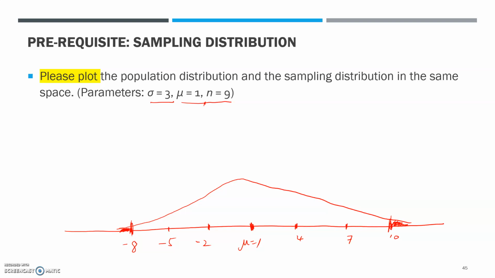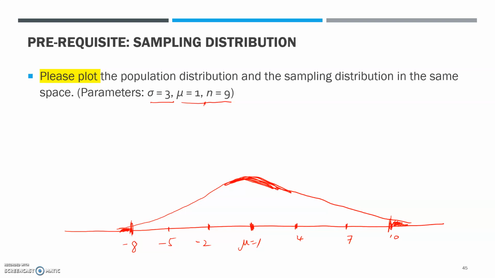You need to draw the sampling distribution. In other words, if you repeatedly draw samples of 9 from this population here, what would that distribution be like? Regarding the difference, I have explained it in the video that I posted over the weekend as I tried to explain homework number 3.